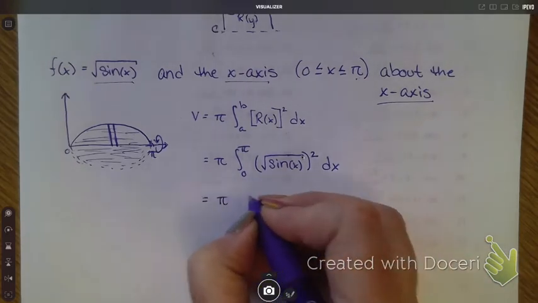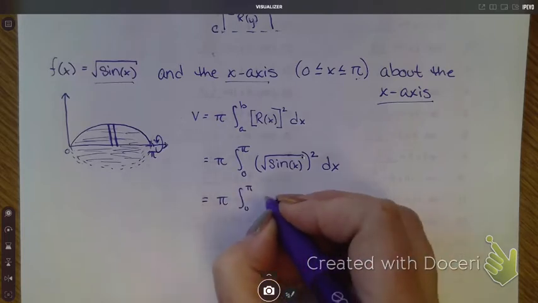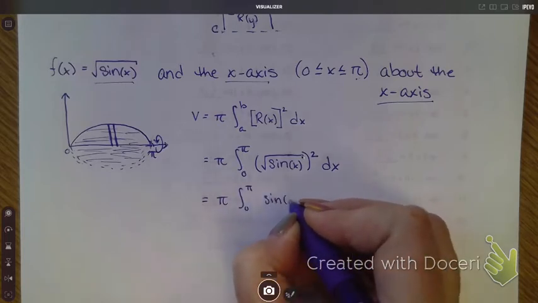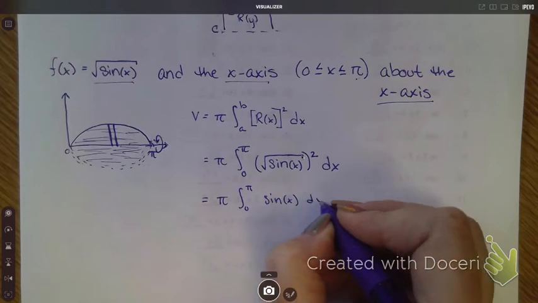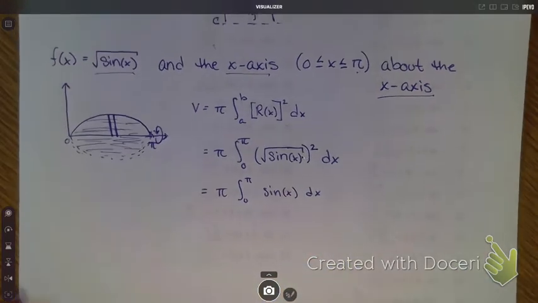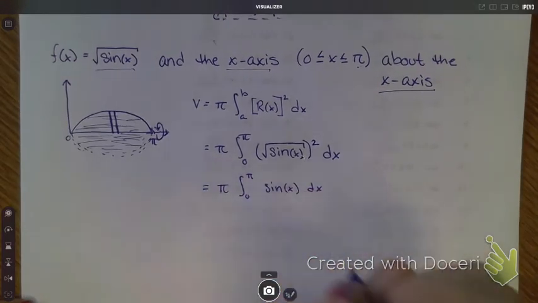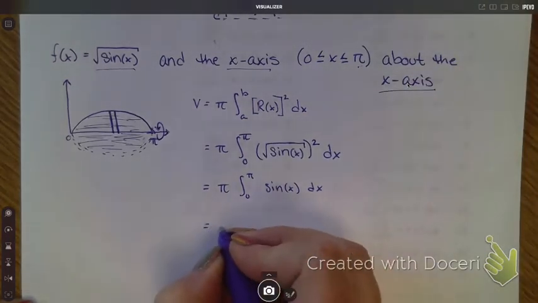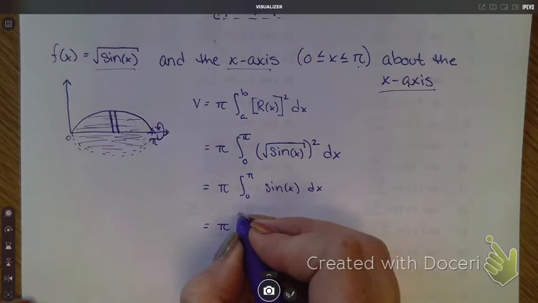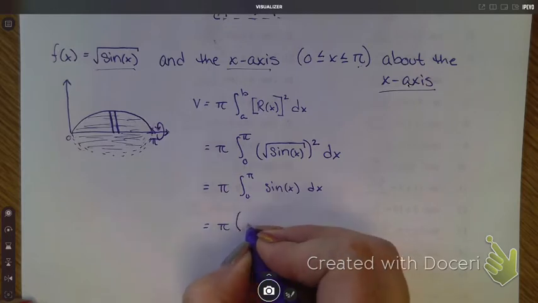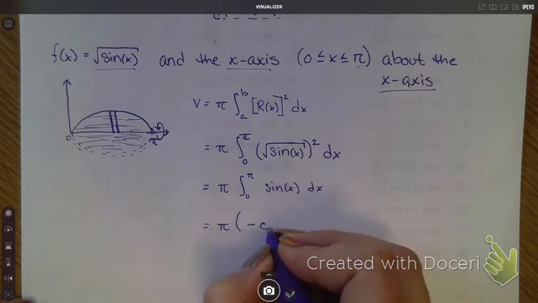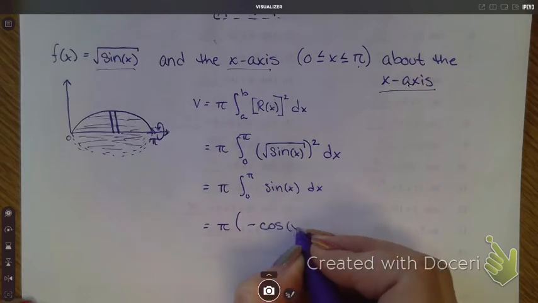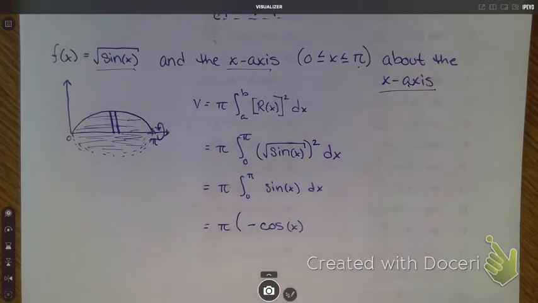So I have pi, integral from 0 to pi of sine of x dx. So what is the integral of sine? Negative cosine, because the derivative of cosine is negative sine.